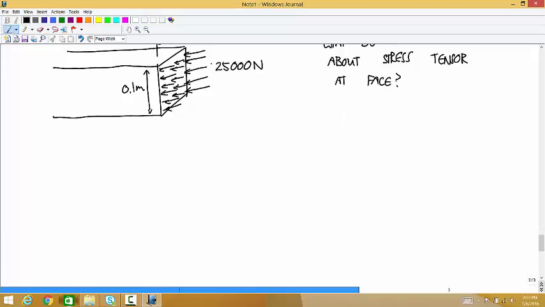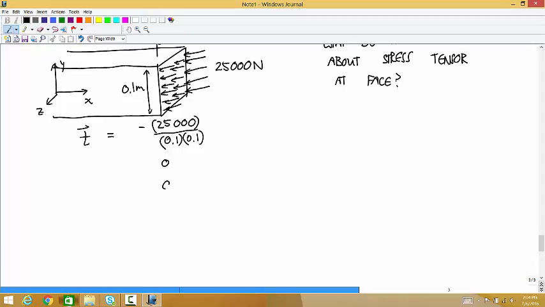So first we have to go from this total force into a distributed load. So we know that the traction on that face is, if we're using this coordinate system again, that force is acting in the negative x direction, so we know it's going to be negative 25,000 divided by the area, which is 0.1 times 0.1.